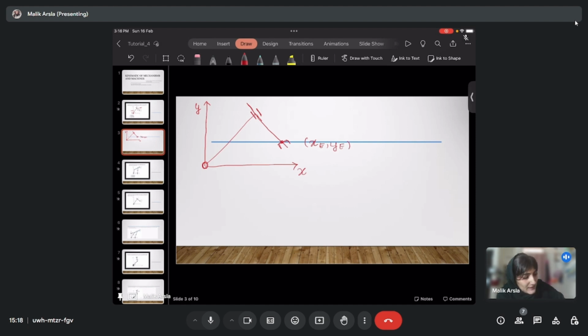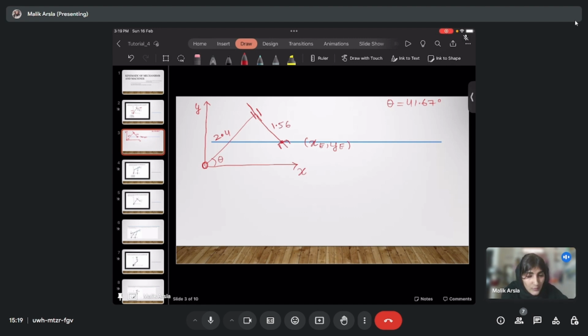Now this length is L1, so it is given as 2.4. This theta is given as 41.67 degrees, right? And this s here is given as 1.56. These are the values that have been given to us.